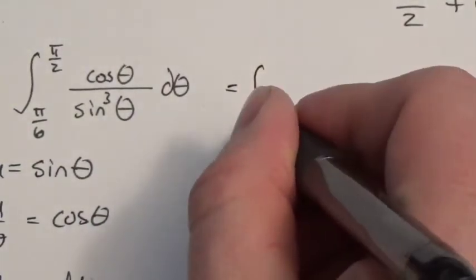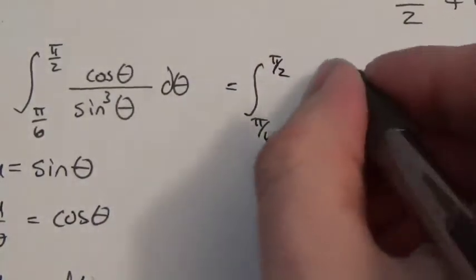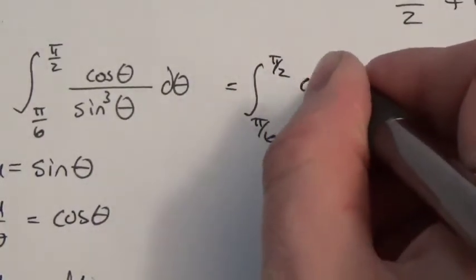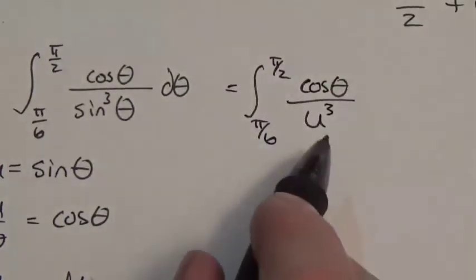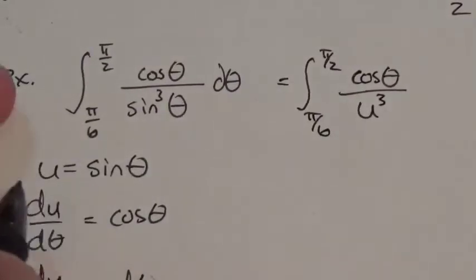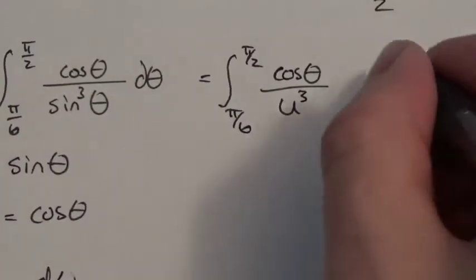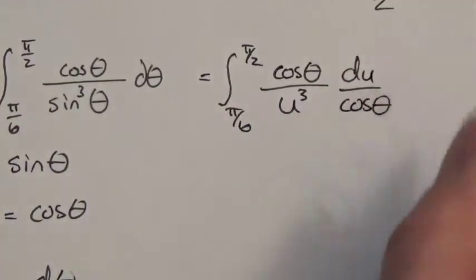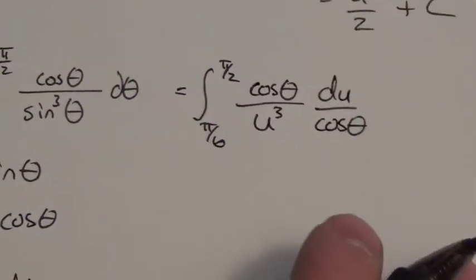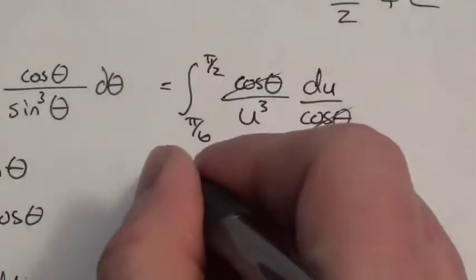This will be the integral from pi over 6 to pi over 2, cosine of theta in the numerator, u cubed in the denominator, because I'm letting u be equal to sine of theta. And then my d theta is now du over the cosine of theta. That's very convenient because the cosines will cancel.